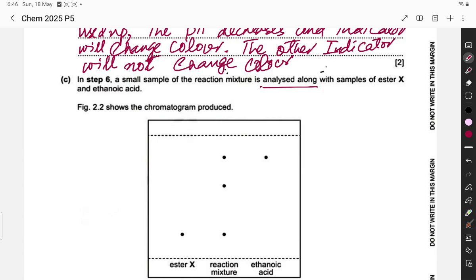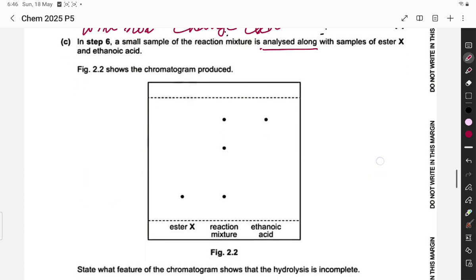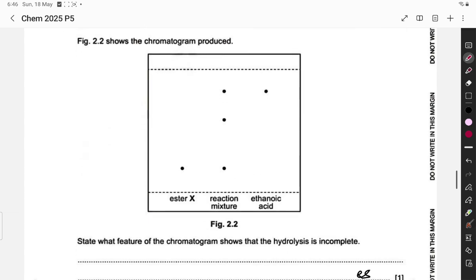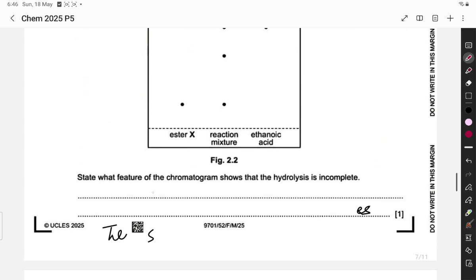This is the reaction mixture. State what feature of the chromatogram shows that the hydrolysis is incomplete.